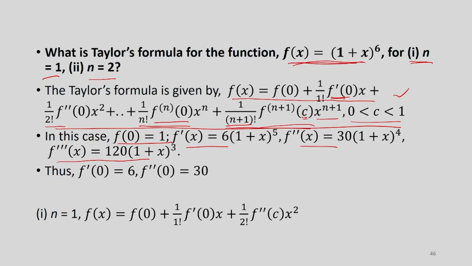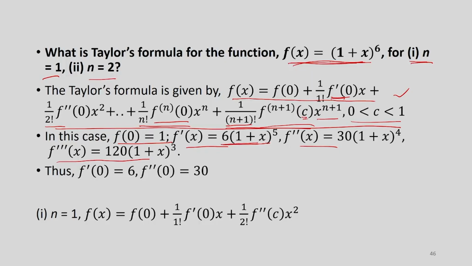What is f dash of x? I take the differentiation of this, so this will give me 6 multiplied by 1 plus x to the power 5. Okay. And what is f double dash of x?